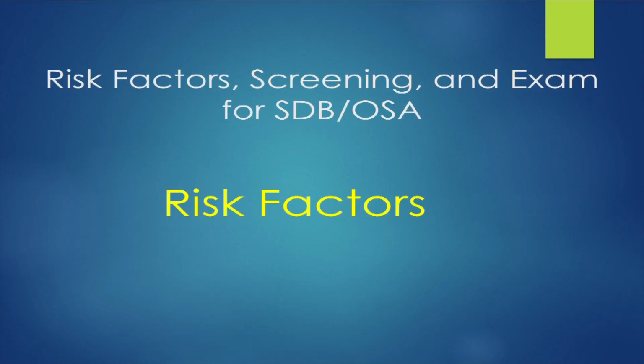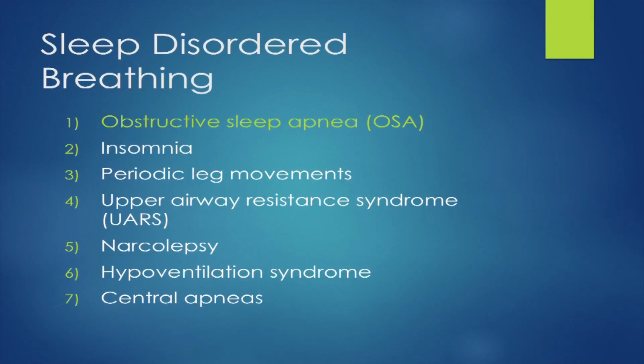Risk factors screening and exam for sleep-disordered breathing, obstructive sleep apnea. Before we begin our discussion of risk factors, I want to mention this. Under the category of sleep-disordered breathing, there are several other conditions that mimic or share similar symptoms of obstructive sleep apnea.